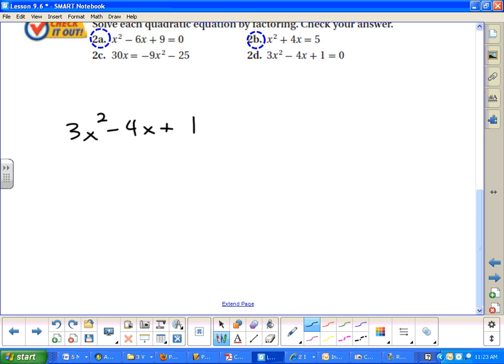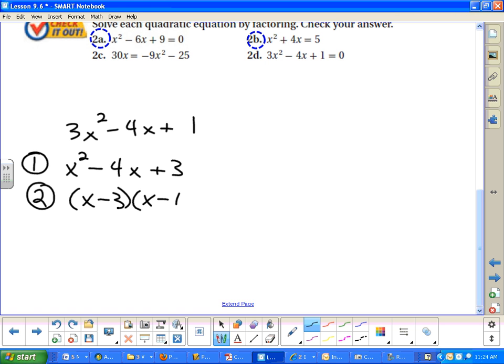I'm going to do the slide and divide method here, just to remind you how to do it. Step 1, we multiply a times c, 3 times 1. So we get x squared minus 4x plus 3. Step 2, we factor it: x minus 3 and x minus 1.